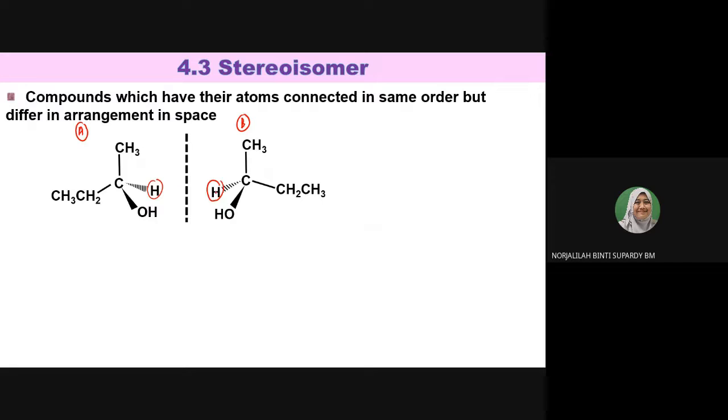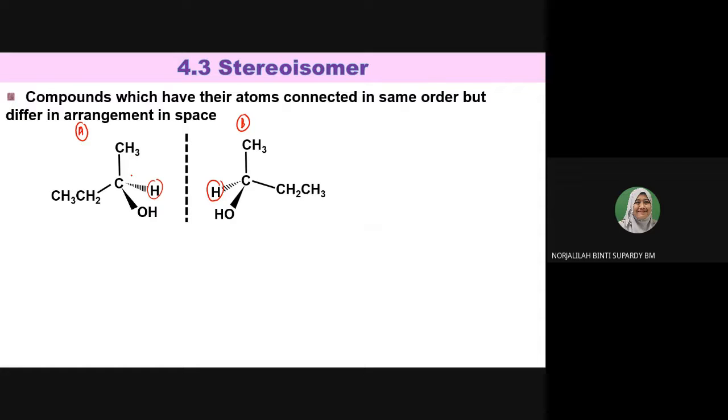So this hydrogen atom is a mirror image. Structure A and structure B are mirror image structures. Each of the atoms or groups of atoms are mirror images.